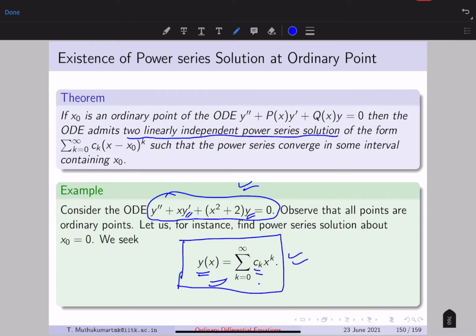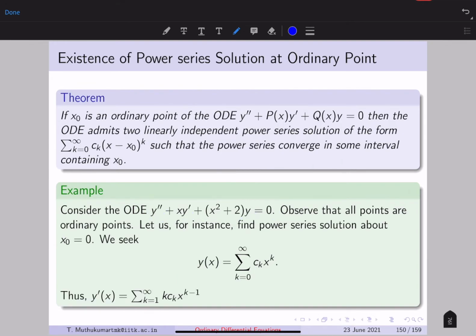When we write this, we assume that we can differentiate term by term, right? And similarly the second derivative. So let's compute y prime: y prime is this, and y double prime is this. You just differentiated y once and twice.